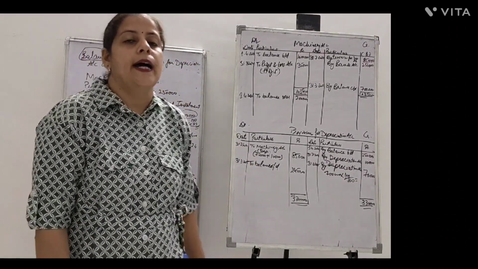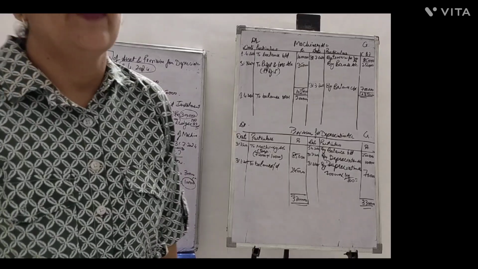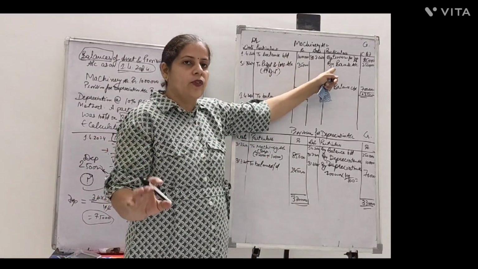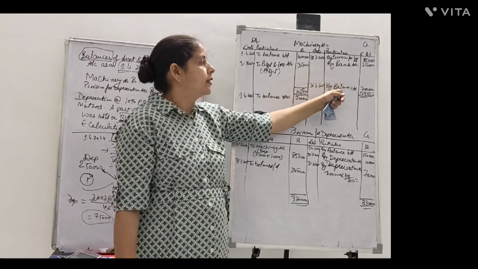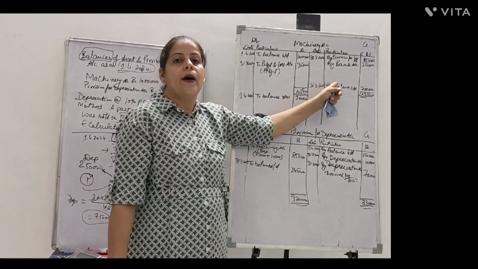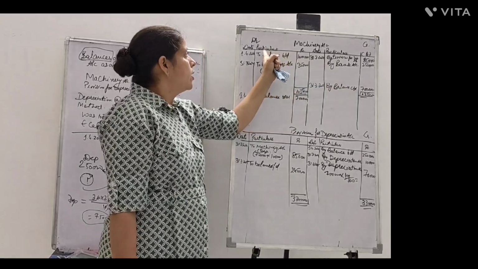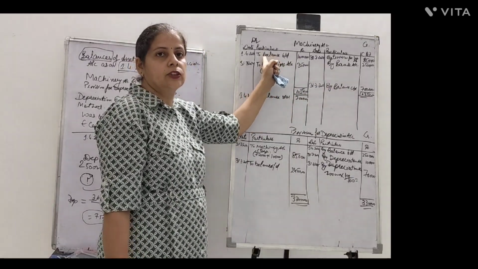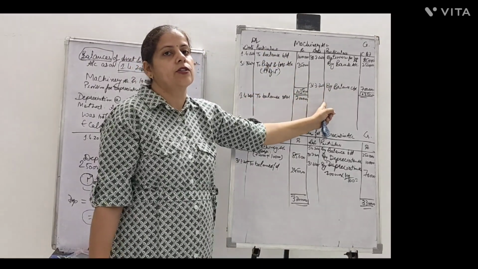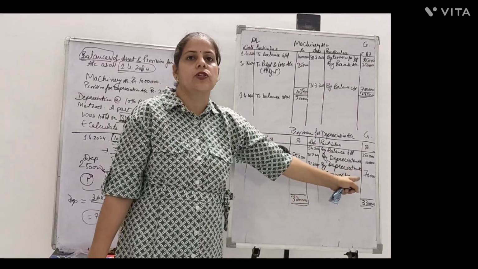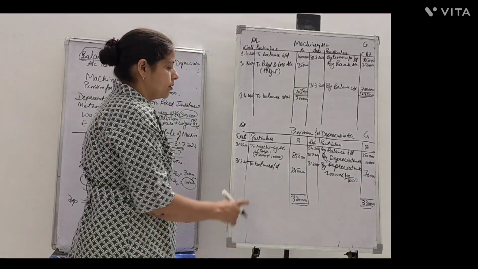The point to be remembered here is that when you have sold a part of your asset, the date on which it was sold is not considered for the part which is left with you. That 7 lakh rupees you have used from the 1st of April till 31st of March of the next year. So full year depreciation would be charged on the balance of your asset.